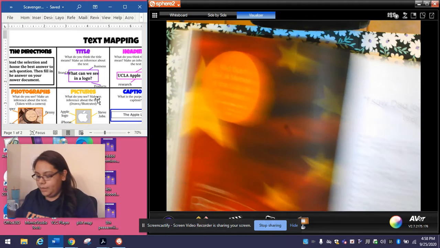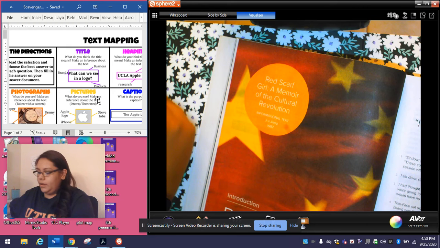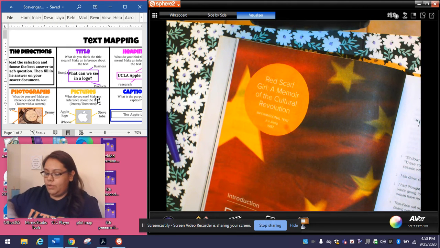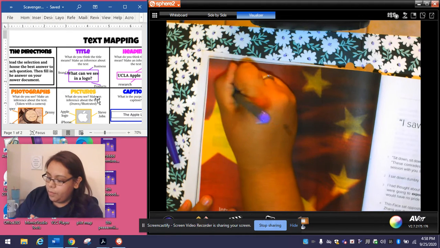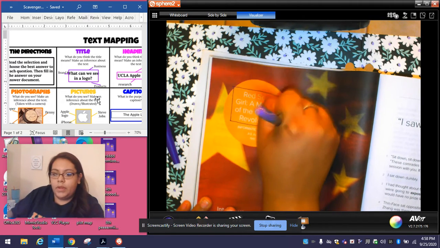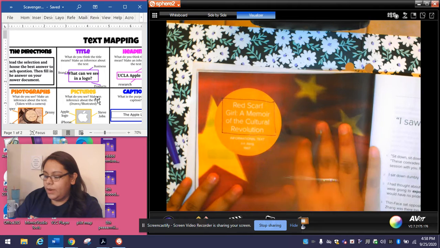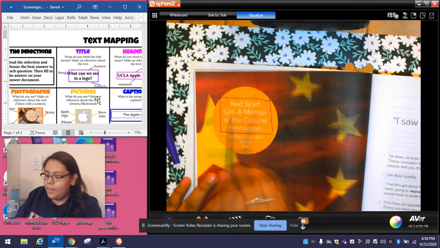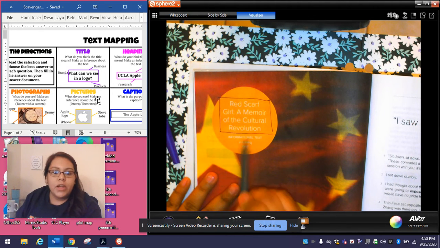So in this case, I'm going to bust out my purple. I am going to outline it in purple. I'm just going to put a box, and then I'm going to write my inferences around it. Red Scarf Girl, a memoir of the Cultural Revolution.